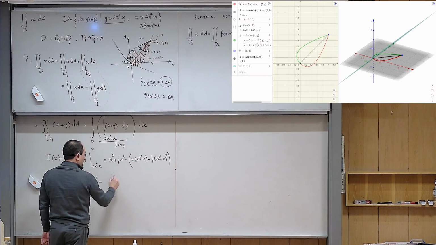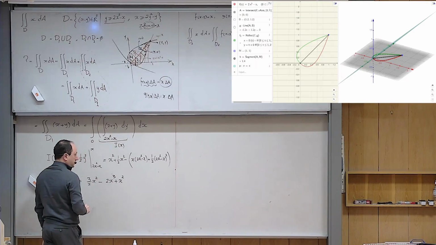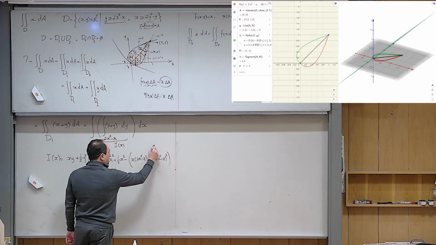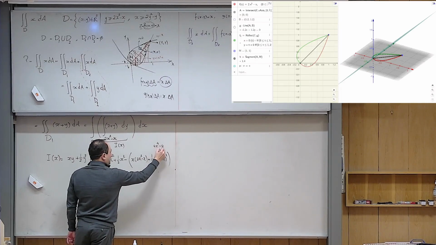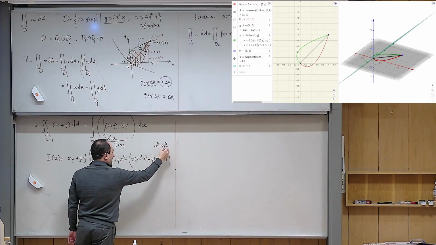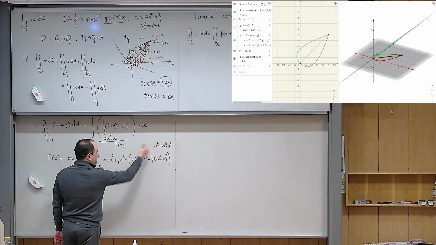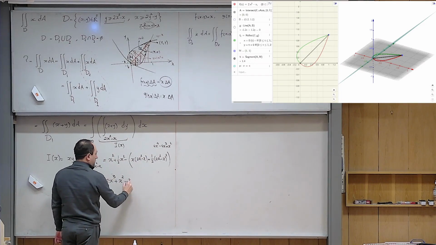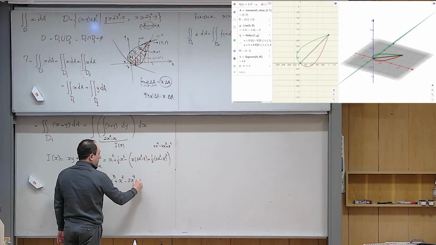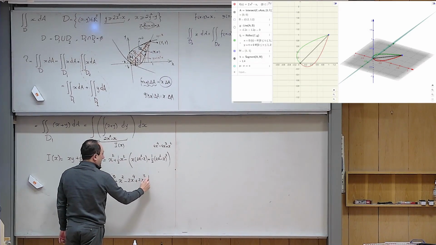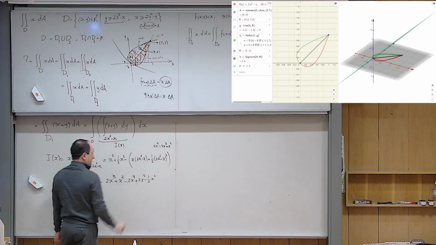It becomes 2x cubed plus x squared. But then this is the first one squared, 2 times the first one times the second one, and plus the second one squared. And I have a minus 1/2 that I multiplied there. So it becomes minus 2x to the 4 plus 2x cubed minus 1/2 x squared.